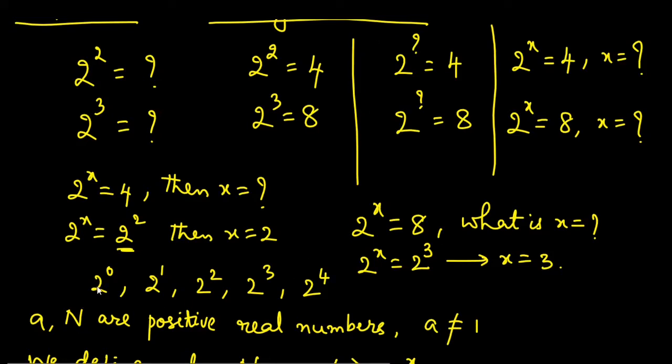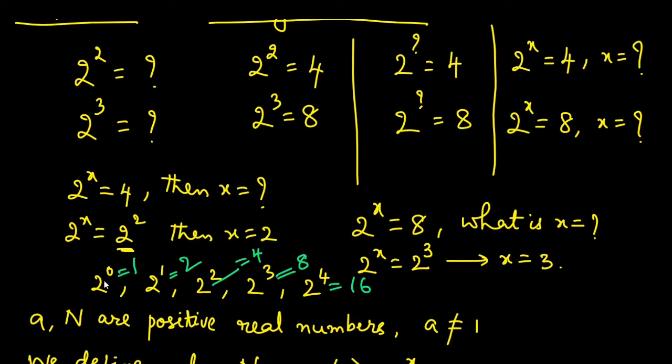What do we get here? 2 power 0 is 1. 2 power 1 is 2. 2 power 2 is 4. 2 power 3 is 8. 2 power 4 is 16. So while increasing the exponent here, we are getting increased values of powers.